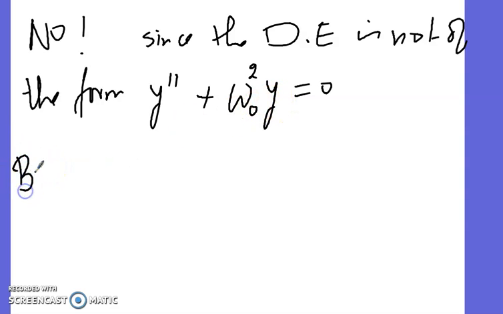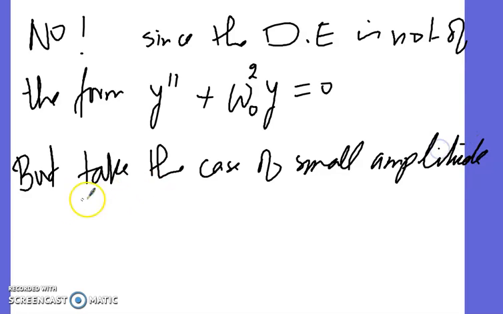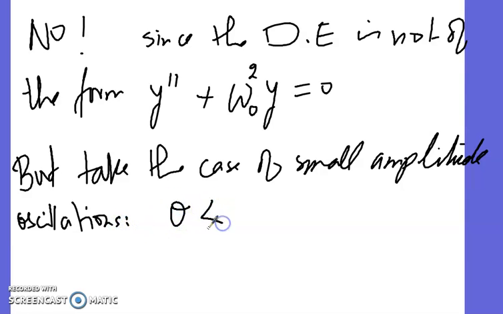But we always choose or take the case of small amplitude oscillations. What do we mean by small amplitude oscillations? The angle must be smaller than 10 degrees. We choose theta always smaller than or equal to 10 degrees.